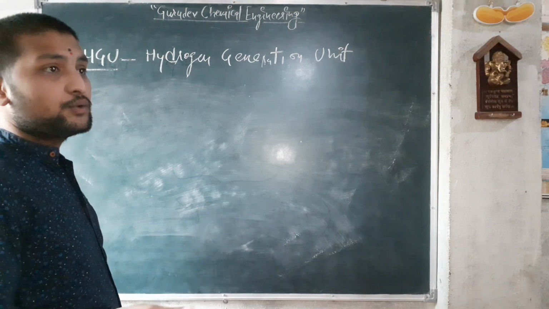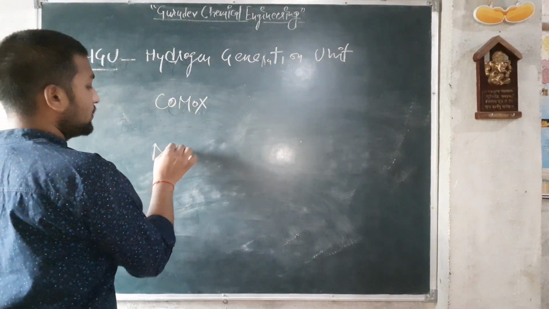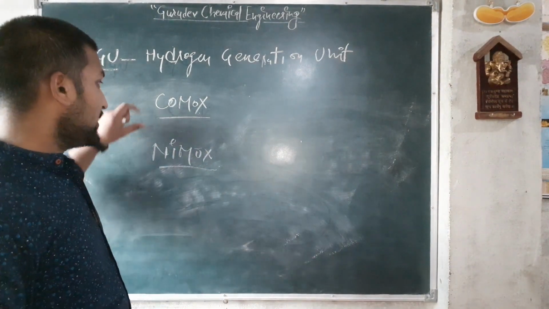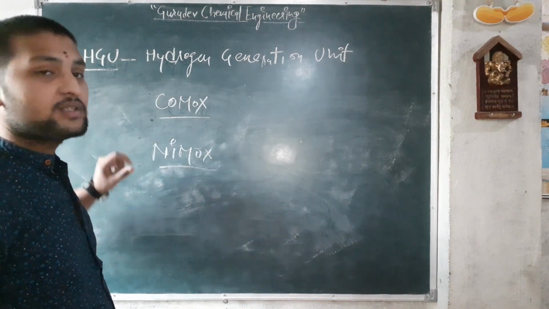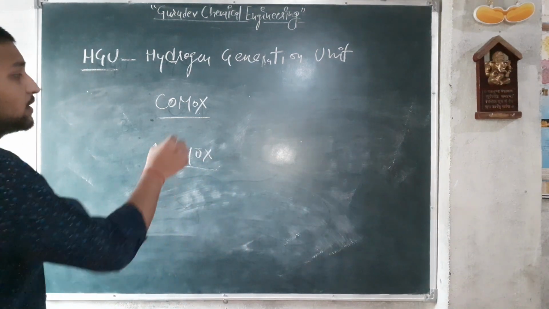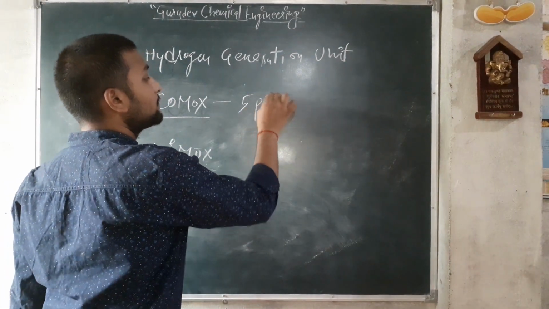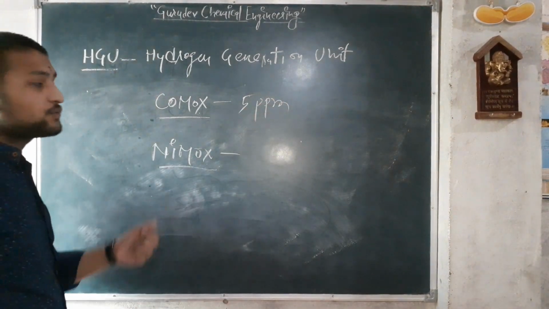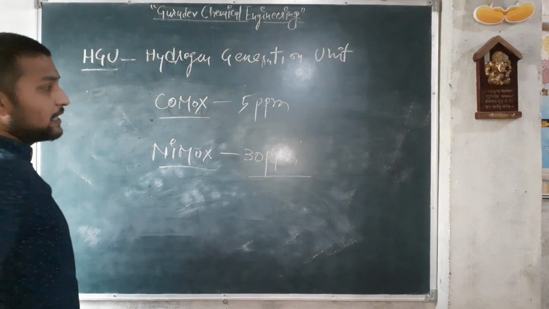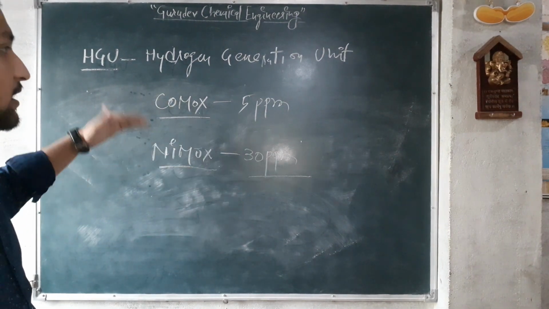In this unit we use the Comox or Nemox catalyst. Where do we use Comox and where do we use Nemox? We use Comox where we have to remove the sulfur contents below 5 ppm, or we use Nemox where we have to remove the sulfur contents below 30 ppm. That's why we use Comox catalyst or Nemox catalyst in our units.